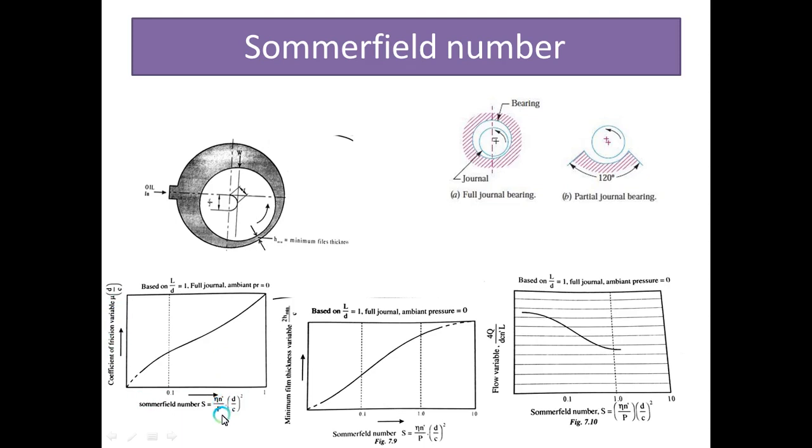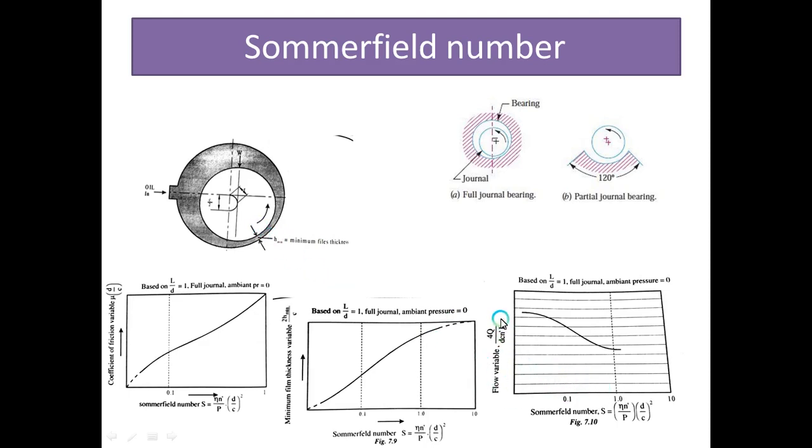Here also eta n dash by p is there, multiplied by d by c whole square, and the Sommerfeld number is indicated by eta n dash by p d by c square. I will tell you what d and c are. D is the diameter of the journal, and c is the diametral clearance for the journal which is there in the journal bearing.